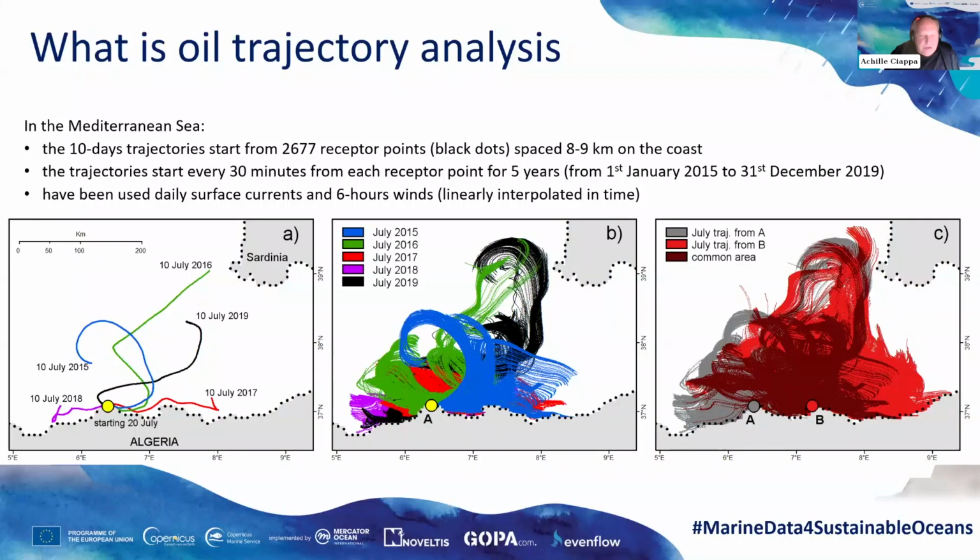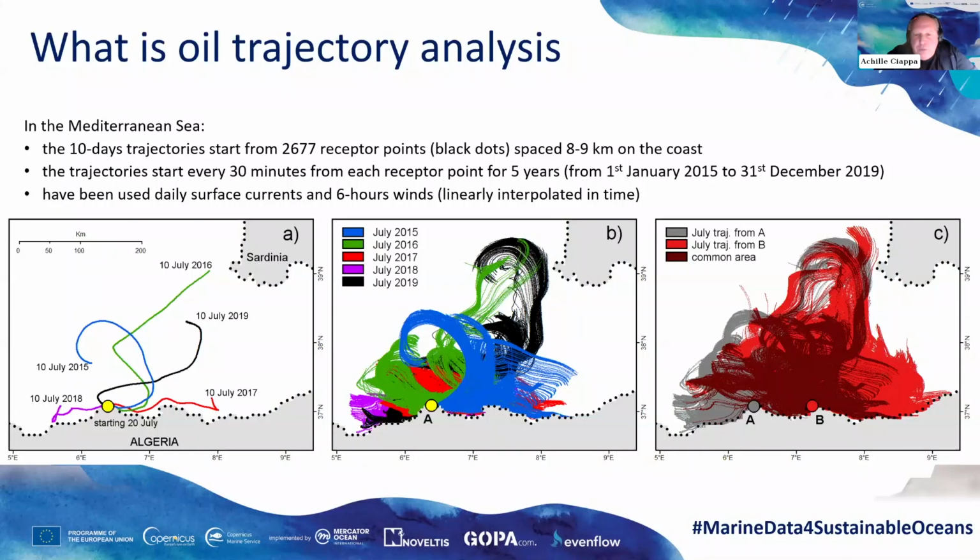In figure A, you can see 5 oil trajectories starting on 20 July from a receptor point on the Algerian coast. These are tracked backward in time from 20 July to 10 July. All these 5 trajectories start at the same time, probably midnight, and are tracked backward.